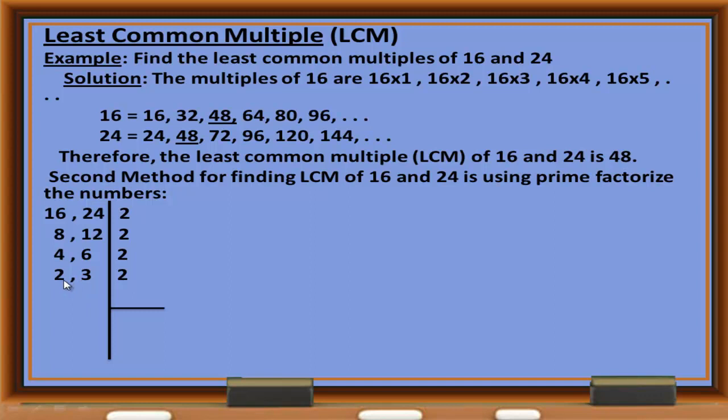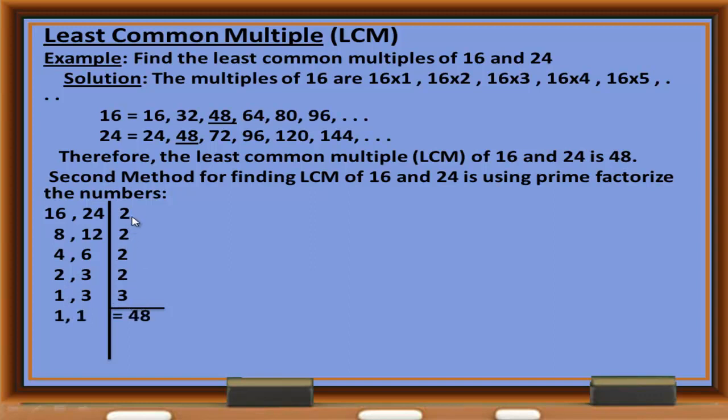Here we don't stop, like we did when finding the GCF. We continue up to 1. 2 divided by 2 is 1. We write 3. And 3 divided by 3 is also 1.